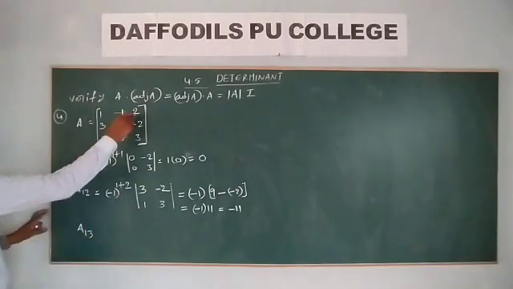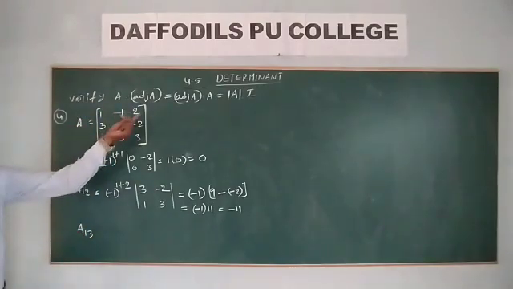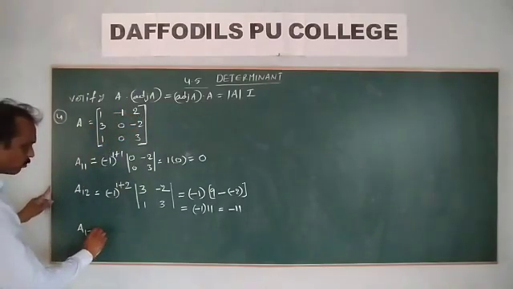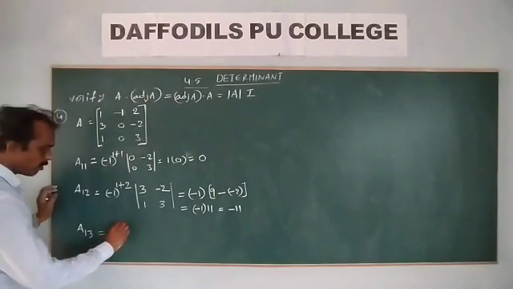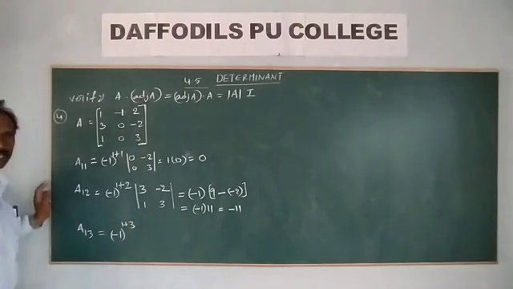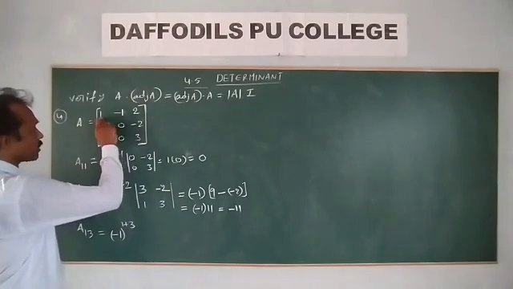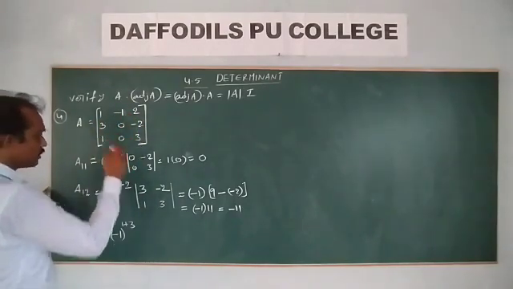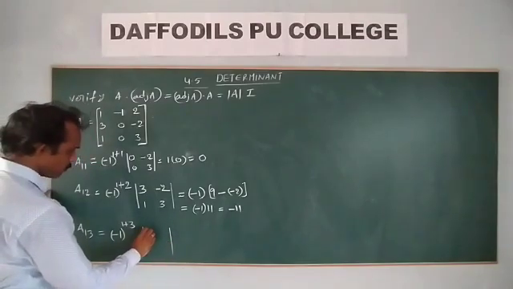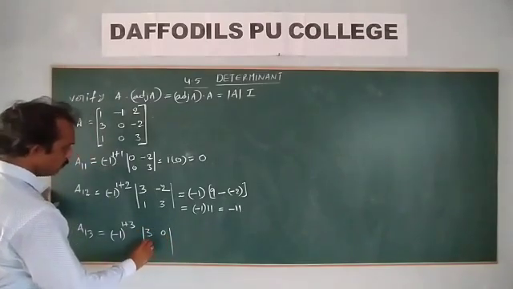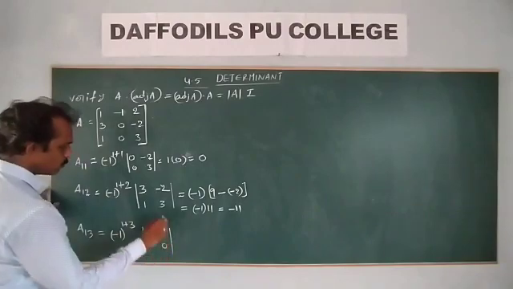A13, the cofactor of 2, present in the first row and third column. This is equal to minus 1 to the power of 1 plus 3, into its minor. Deleting this row and this column, the minor is 3 0, 1 0.